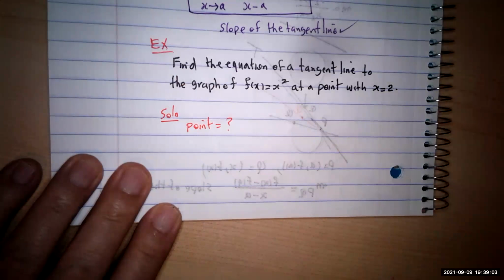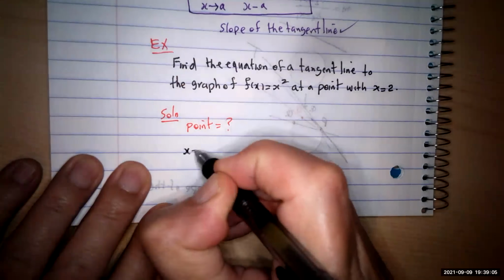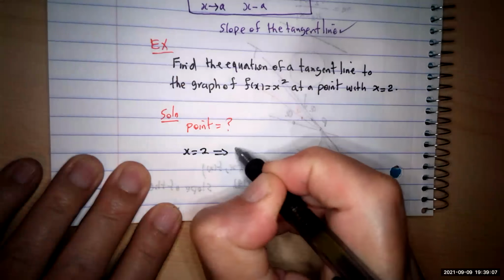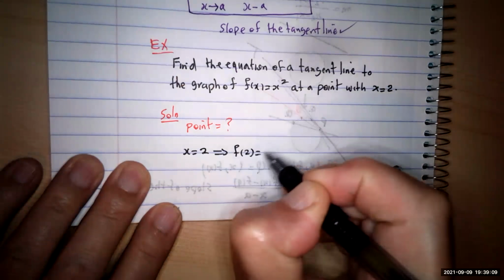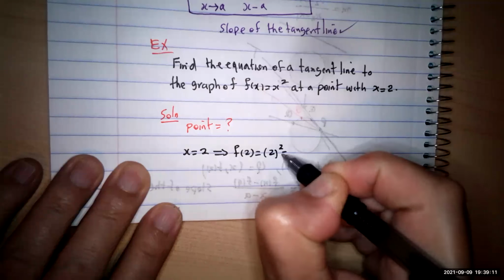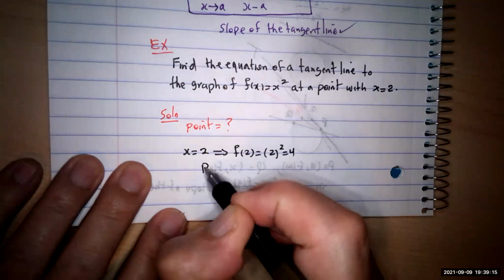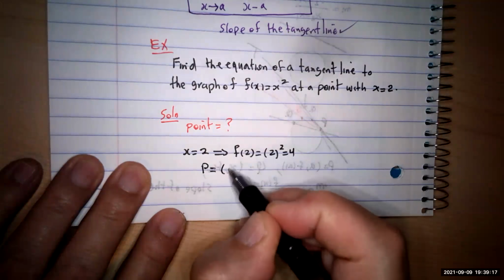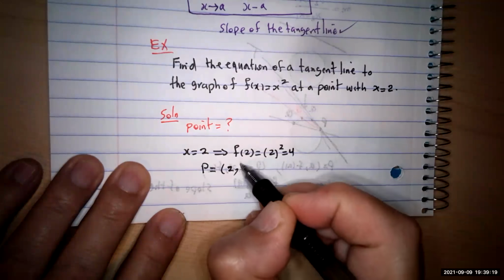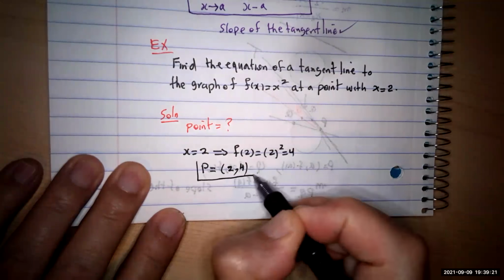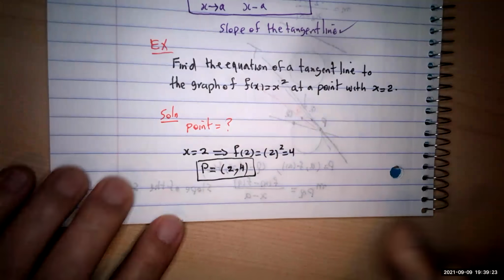Okay, so step 1, x is equal to 2. So you find f of 2, which is going to be 2 squared, and it's equal to 4. So what is your point P? Your point P is going to be, the coordinate is 2 and 4. So that's the point P. Any question?